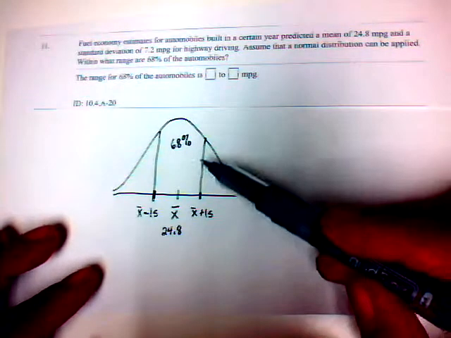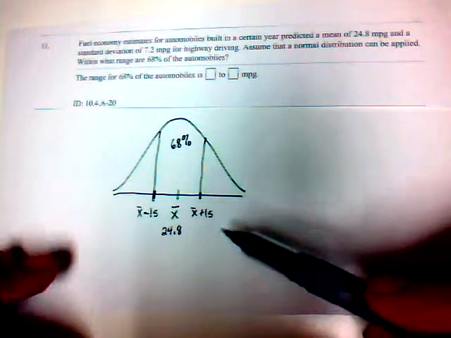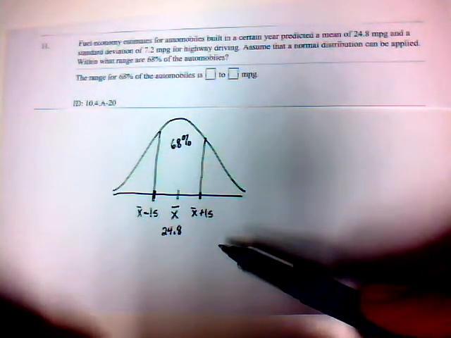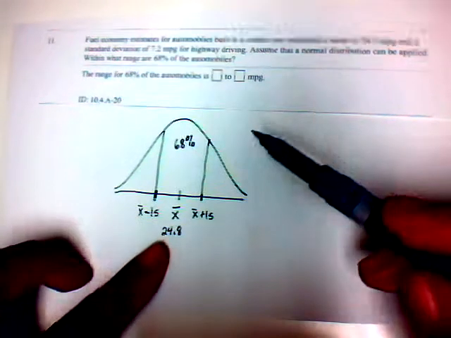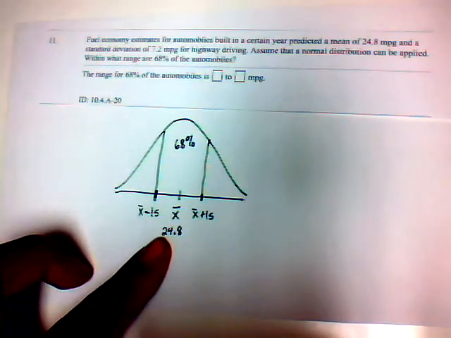So 68% represents within one standard deviation of the mean. If the standard deviation is 7.2, add 7.2 to 24.8, and you're going to get 32.